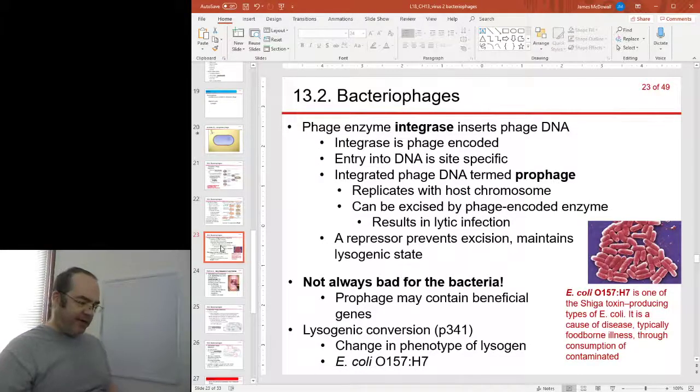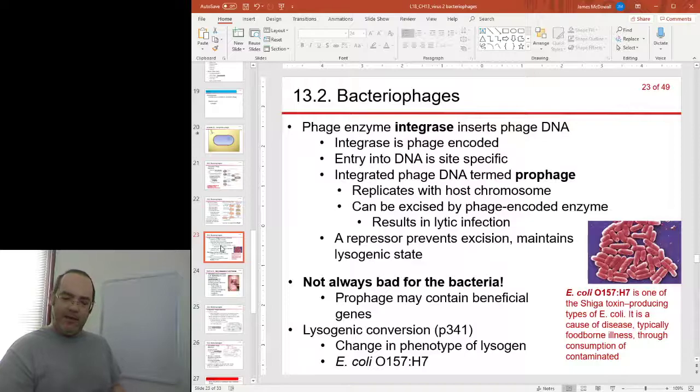One important aspect are those genes that the viral genome brings with it. Sometimes infection of a bacteriophage in a bacteria isn't necessarily bad for the bacteria.